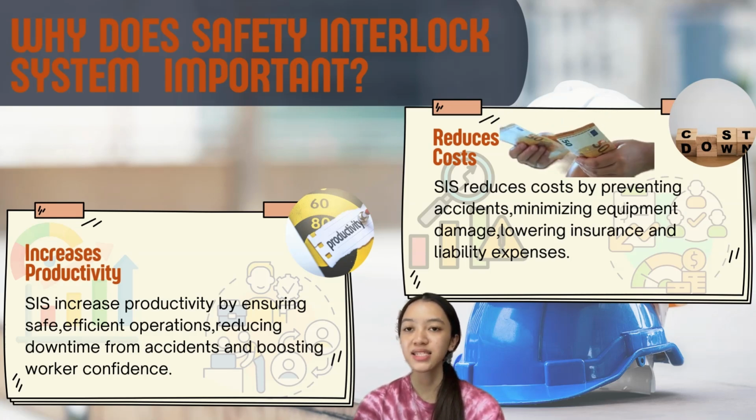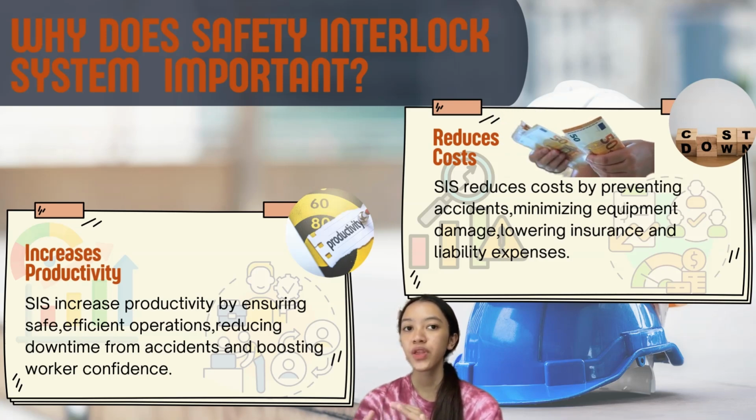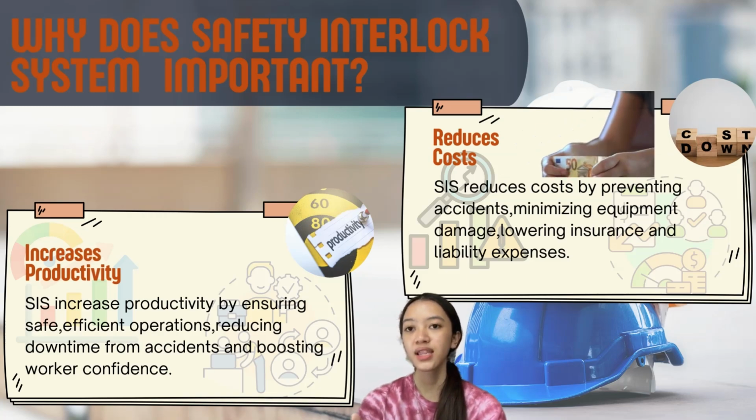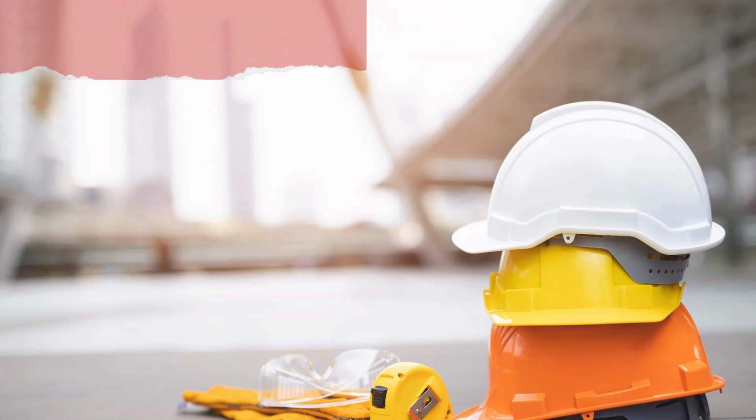And lastly, SIS also increases productivity by ensuring safe, efficient production or operations, reducing downtime from accidents and boosting workers' confidence. And now, I would like to pass this presentation to Balkis binti Nazri.